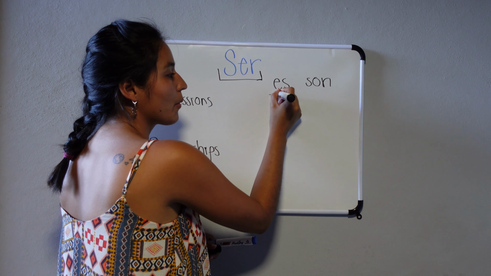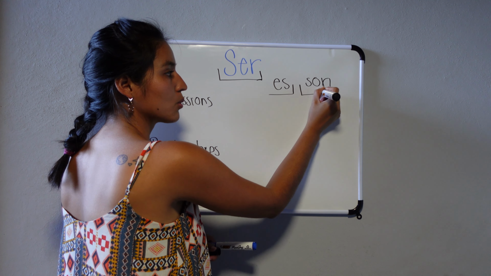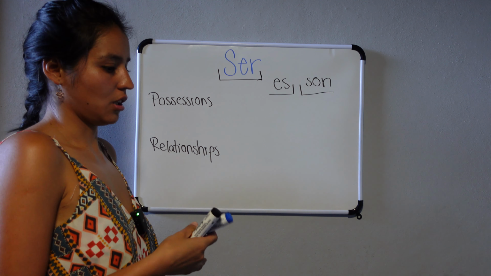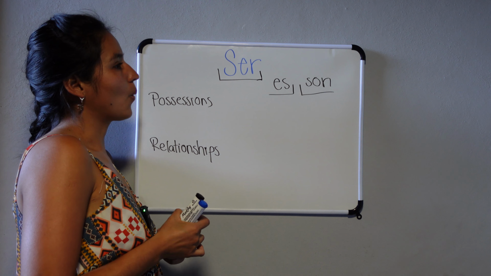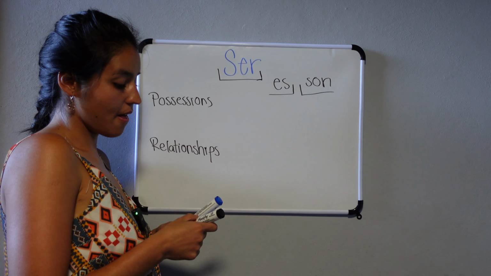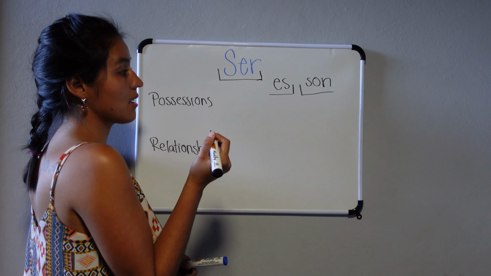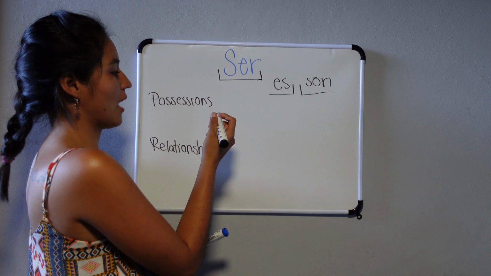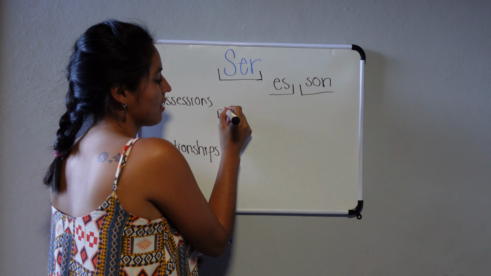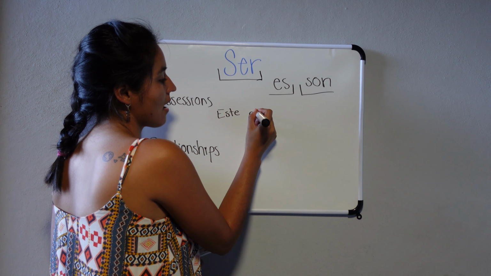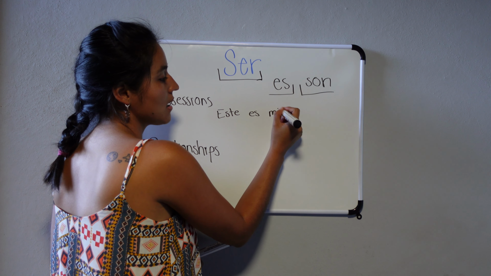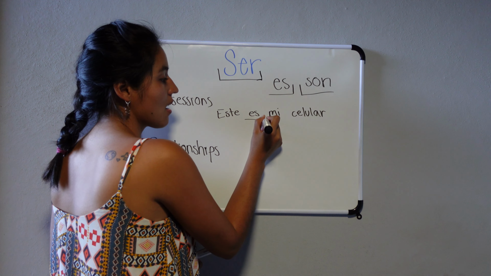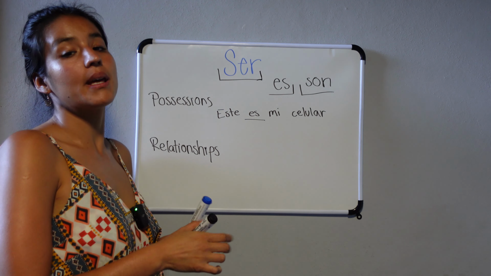If we are talking about singular, this one, plural would be that one, okay? Possessions, so for example, the phone, no, this is my phone, okay? This is my phone. Este es mi celular, okay? Es, because it's just one.